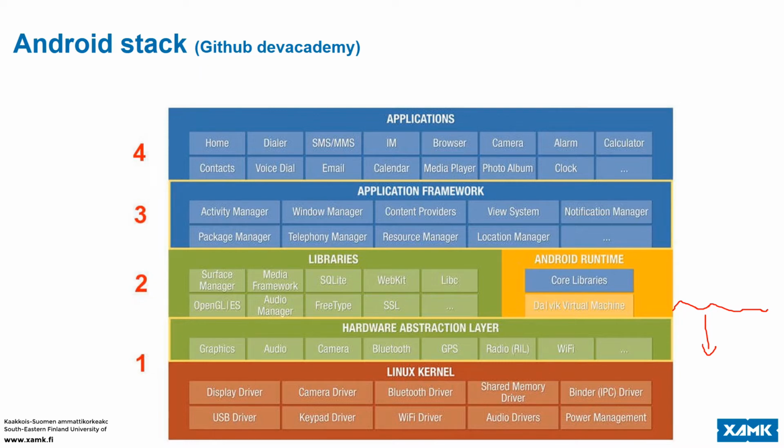So in the case of this mobile operating system, there is, for example, a camera service, Bluetooth, GPS, Wi-Fi, radio, and so on. All of these are services that the Android operating system provides for the applications that are running on top of it.